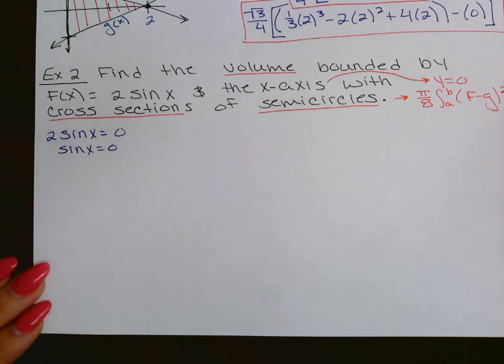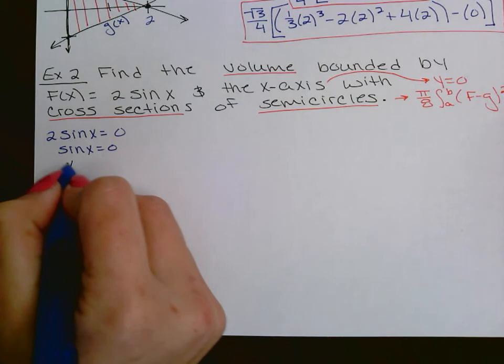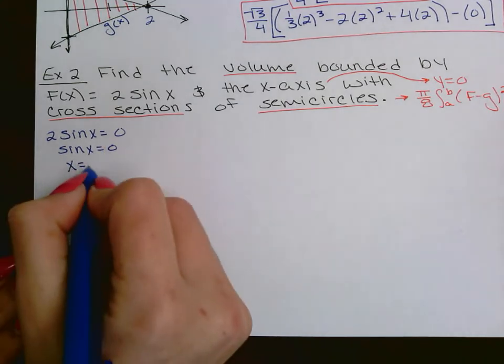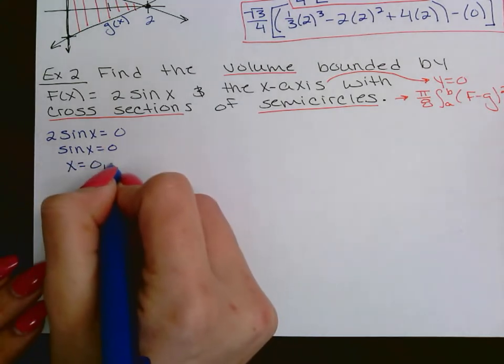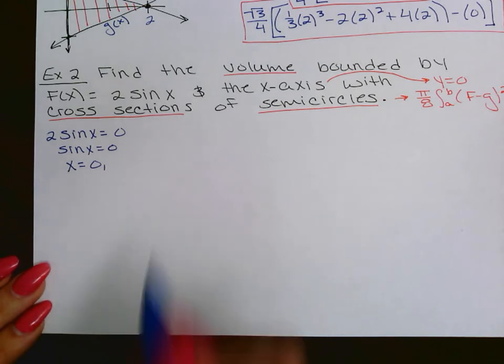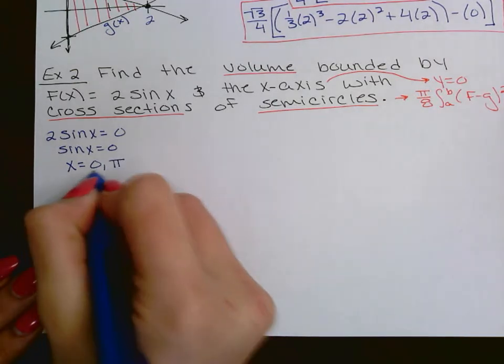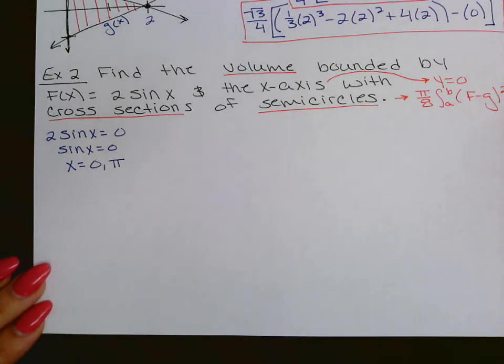If you know your unit circle, when does sine equal 0? 0, pi, and 2 pi, right? 2 pi is me coming back, okay? So what I really just care about is from 0 to pi, because 2 pi counts as like 0, okay?